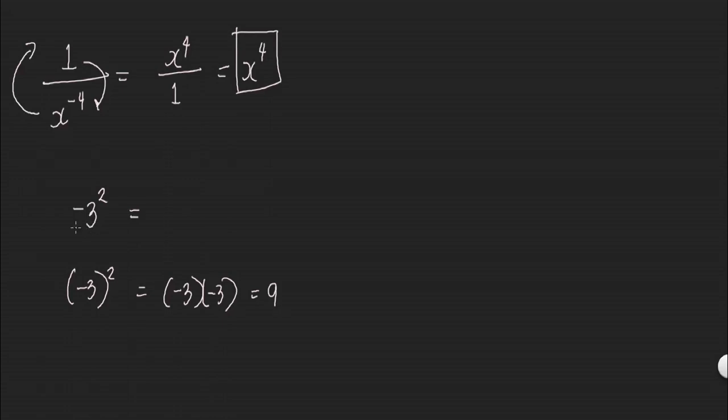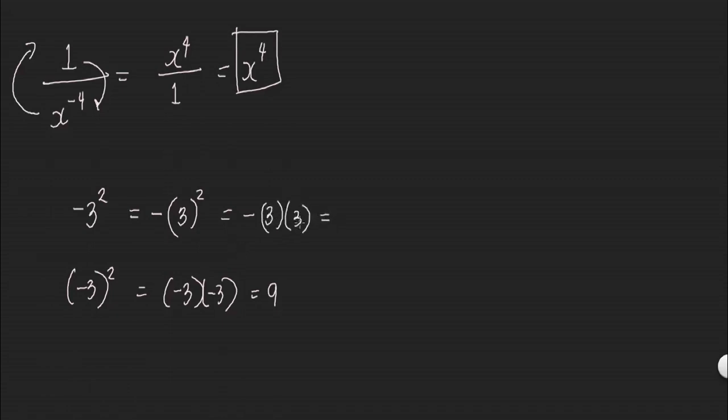What about this one? Now, negative 3 squared. Okay, dito kasi we all know that yung square ay naka-raise lang sa 3. So pwede nating ilabas yung negative. So we have 3 squared, or it is also equivalent to negative 3 times 3.